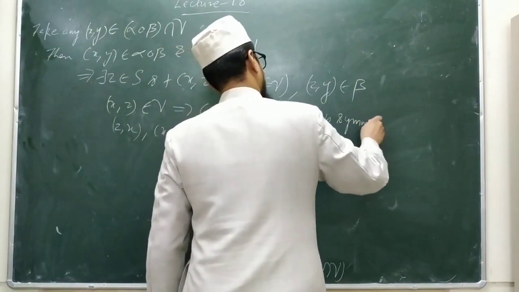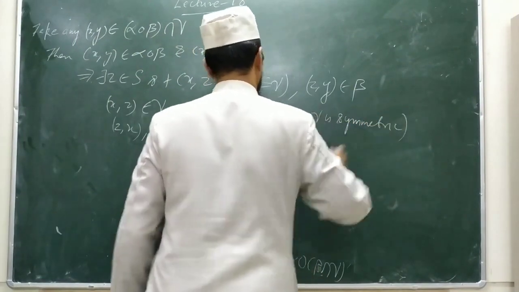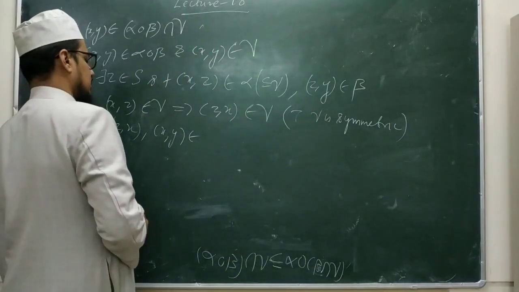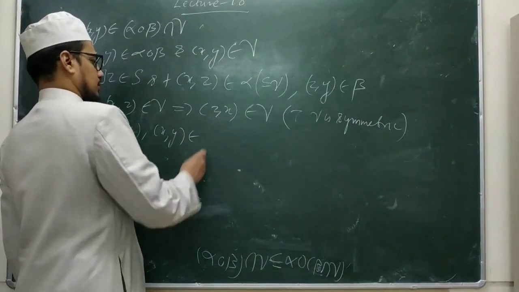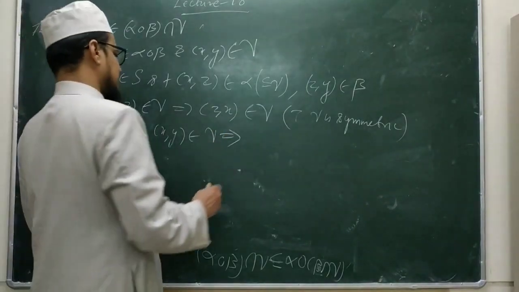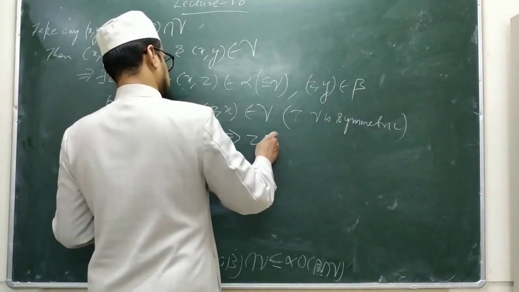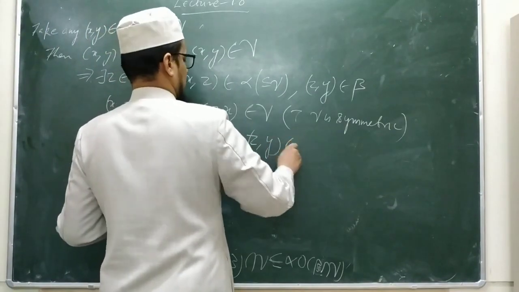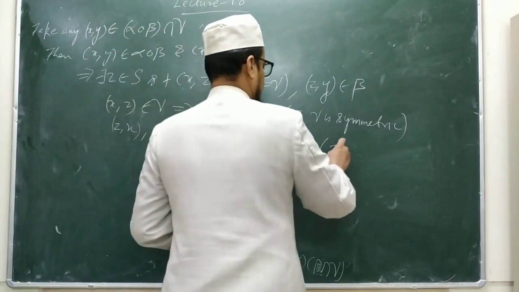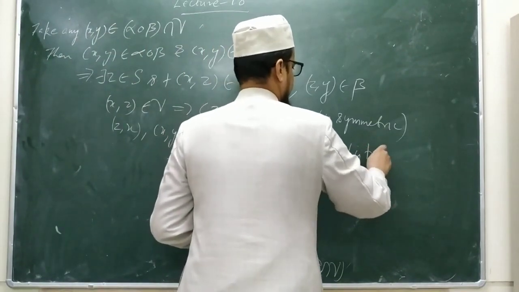Correct? Now z comma x, x comma y is in gamma. It implies that z comma y belonging to gamma. Why? Since gamma is transitive.